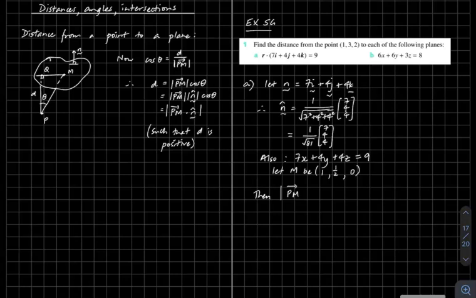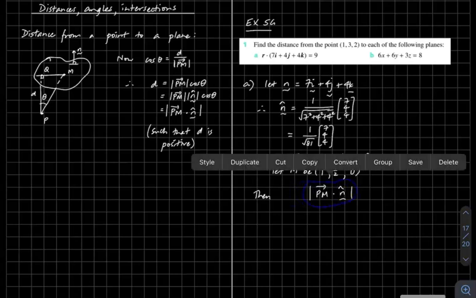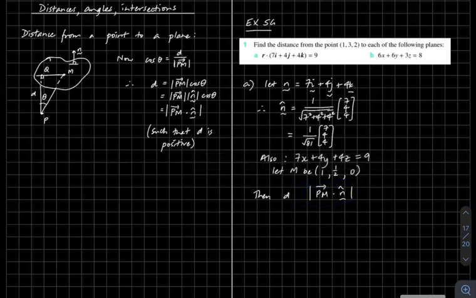So then we're going to say PM dot unit vector n is equal to the distance that we're after. So that's equal to the magnitude of, so what's PM is M minus P. So 1, 1/2, 0.